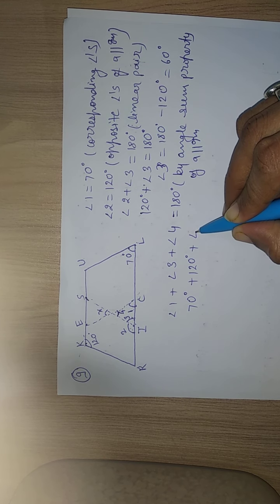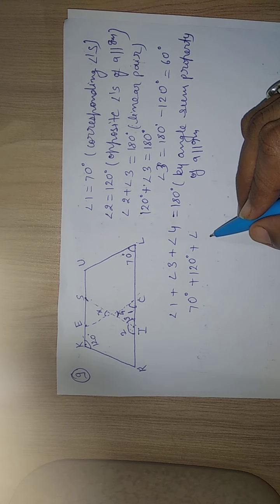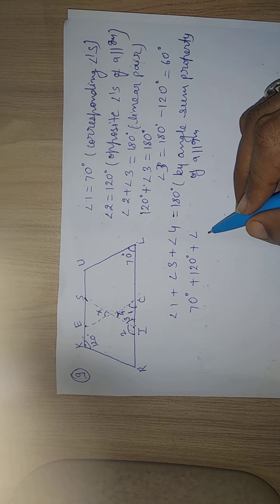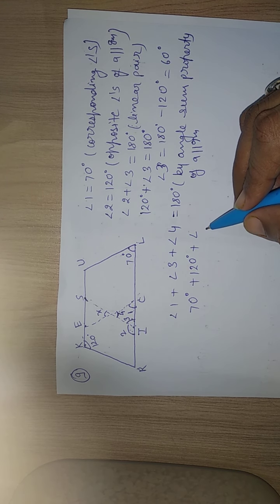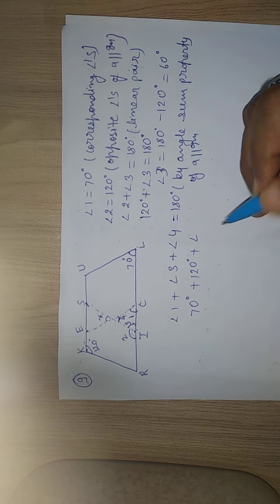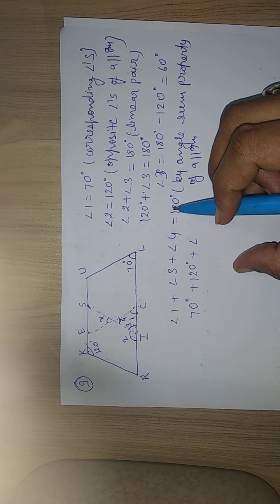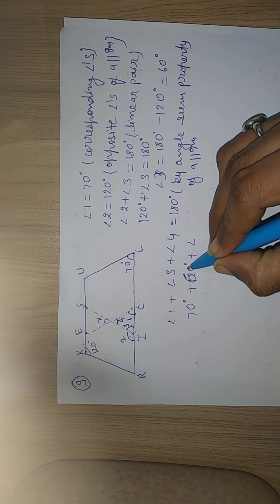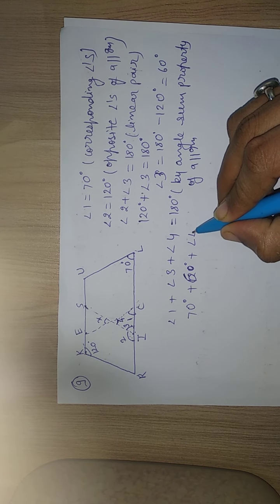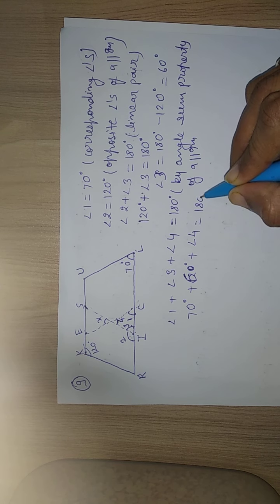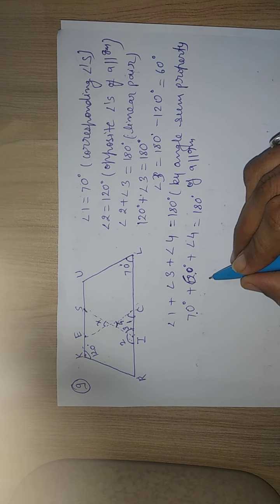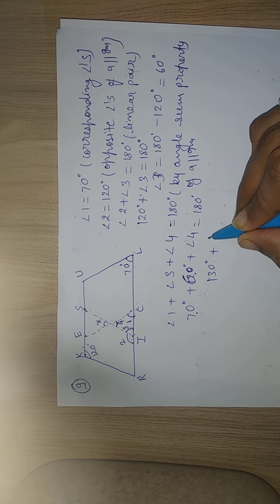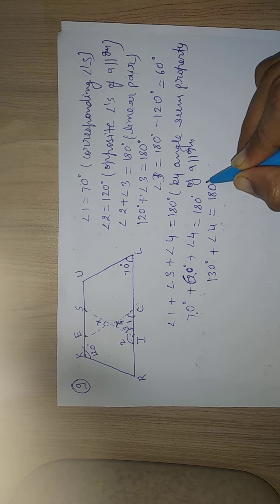So we can find the value of angle 4. 70 plus 60 is 130 degrees, plus angle 4 is equal to 180 degrees.